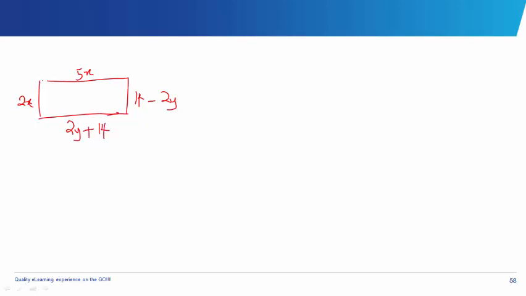Now if you look at the previous chapter when we talked about plane shapes, we told you that the opposite sides of every rectangle are always equal. So that means 2x, which is this side, will equal this side. So 2x equals 14 minus 2y. Then this side also equals this side. Therefore 2y plus 14 equals 5x.